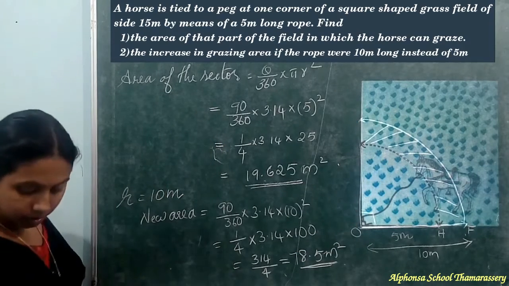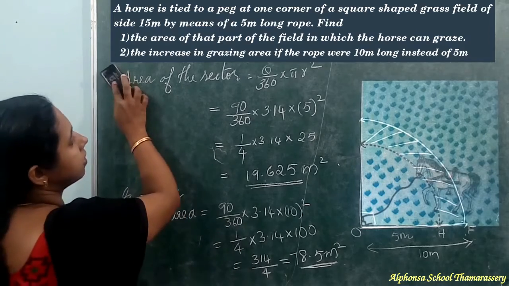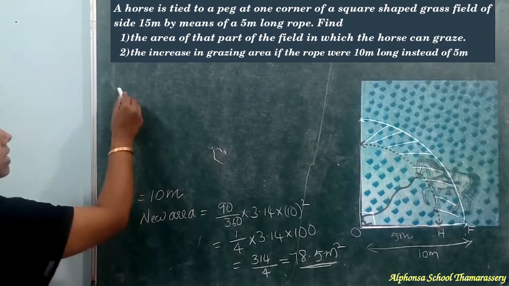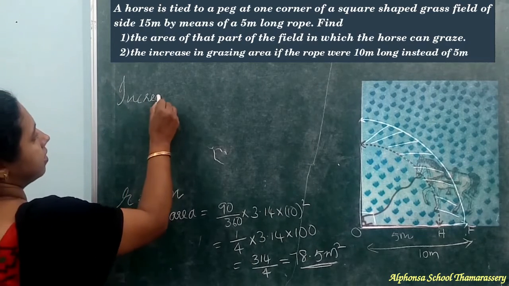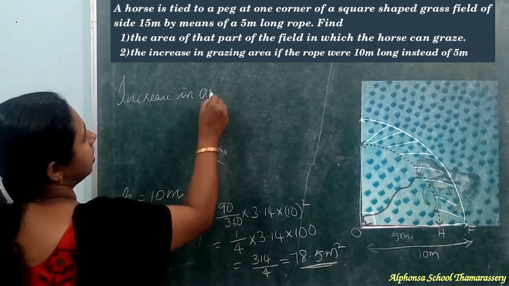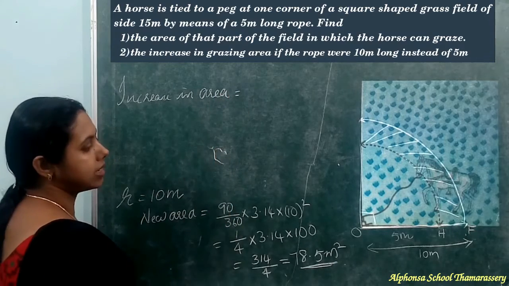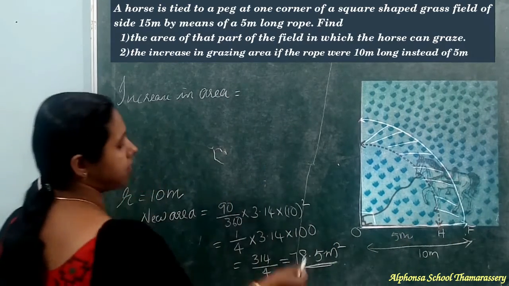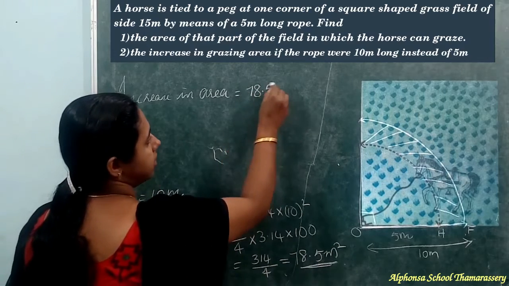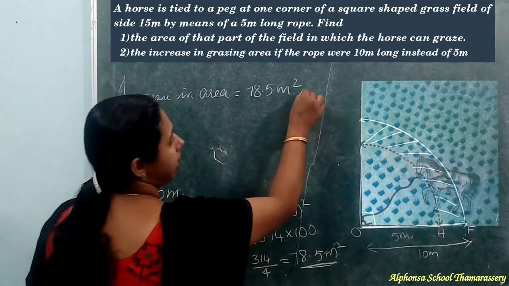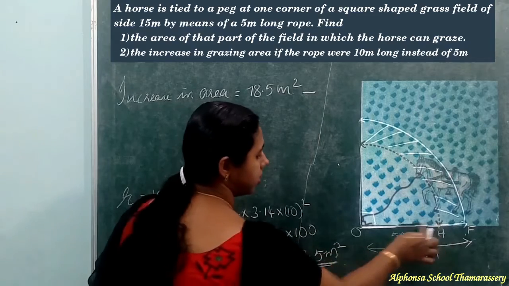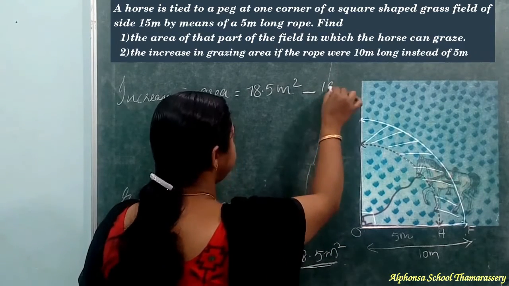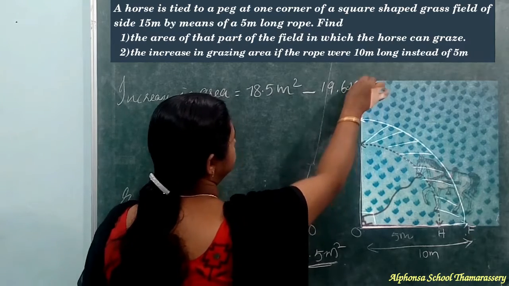So that is equal to, we want to subtract the increasing area. Increasing grass area is equal to, when it is 10 meter, it will be 78.5 meter square, minus, when it is 5 meter, it will be 19.625.